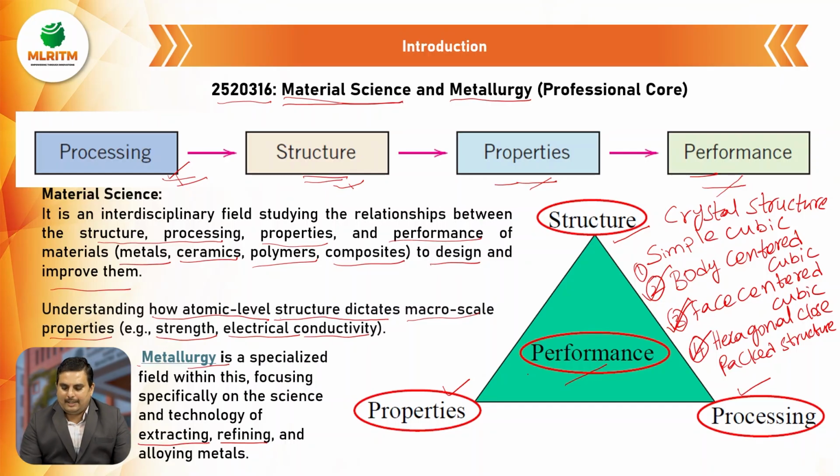Processing involves the material being processed to have different microstructures and different mechanical properties, depending on the processing. What are the processings we have? For example, casting is one process. Welding is another process.